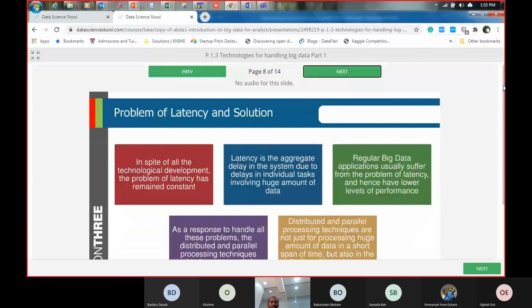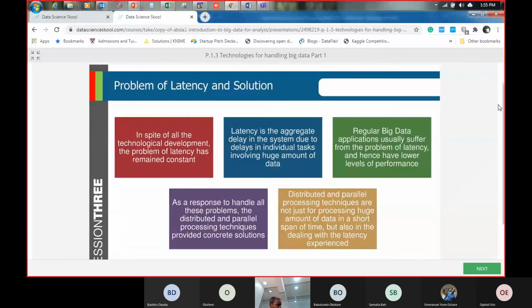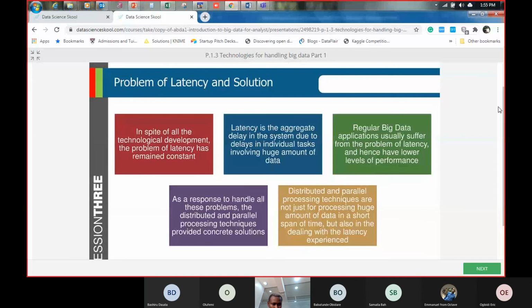However, that does not mean that there are no challenges. One of the biggest challenges in that network is the problem of latency. If you have 1,000 people and you ask them to board the train, they just go and enter the train, it's gone.